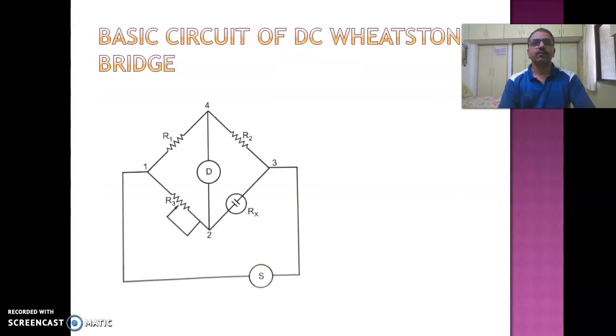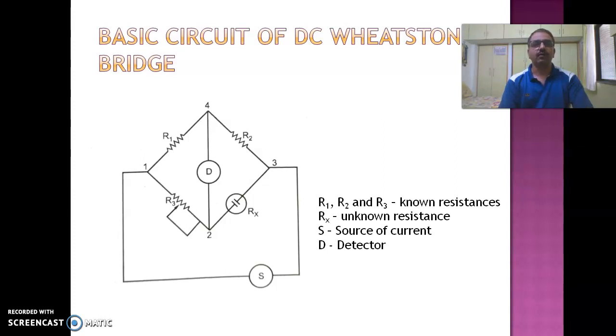The circuit of the direct current Wheatstone bridge is shown in this figure, where R1, R2 and R3 are the known resistances, while Rx is the unknown resistance, S is a source and D is the detector.